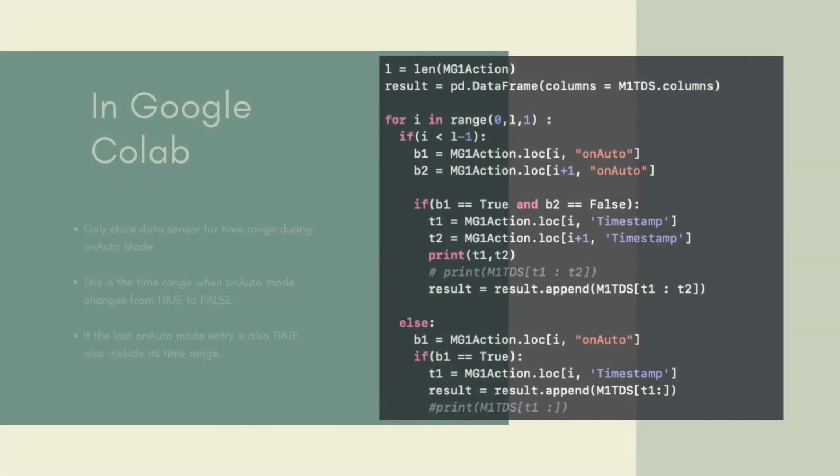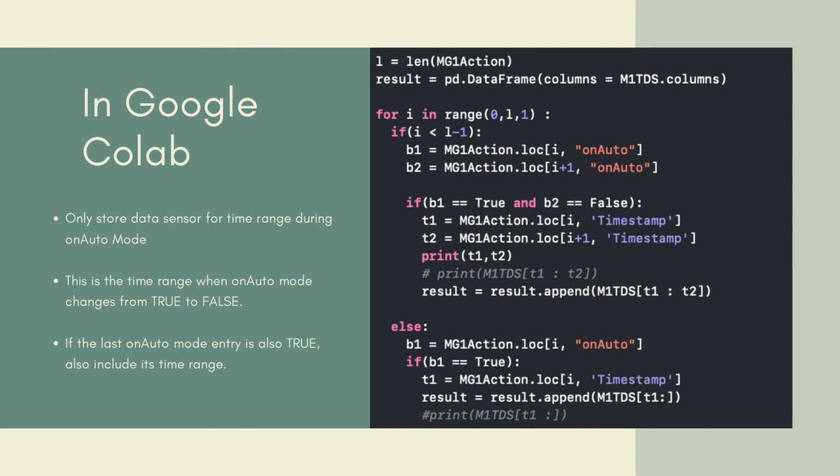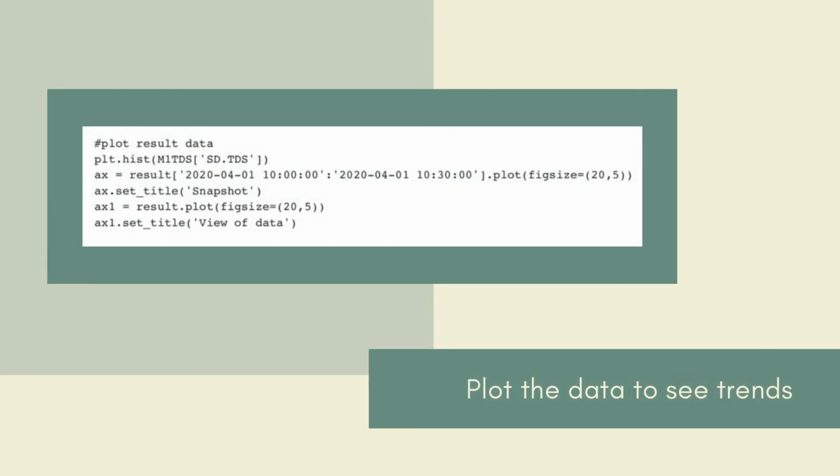We create a data frame which only stores the sensor data for the time range during on-auto mode. This is the time range when on-auto mode changes from true to false. And if the last on-auto mode entry is also true, we also include its time range. We can use the following command to plot the data.